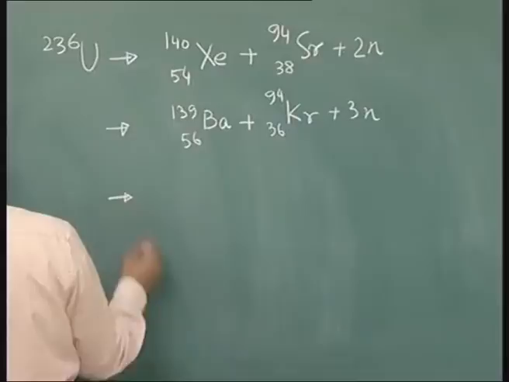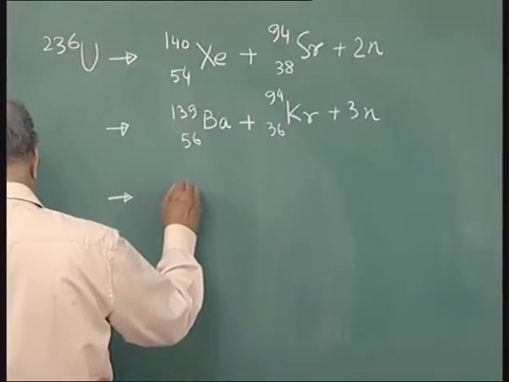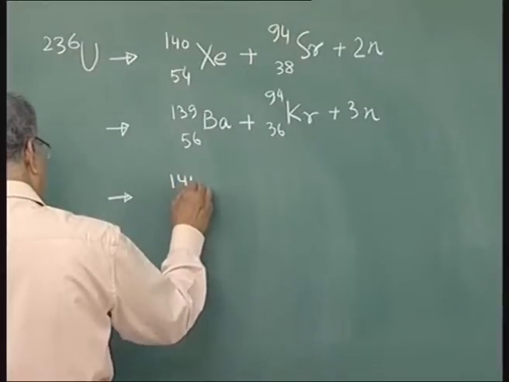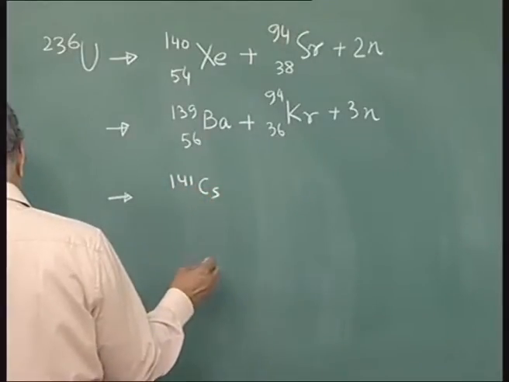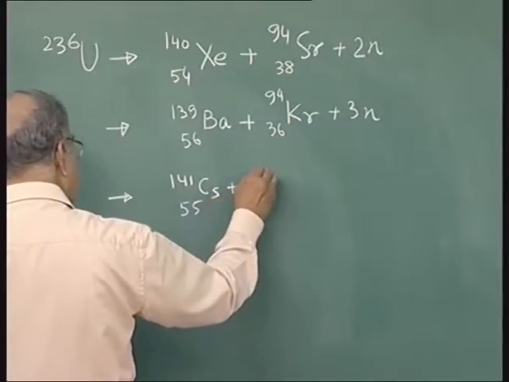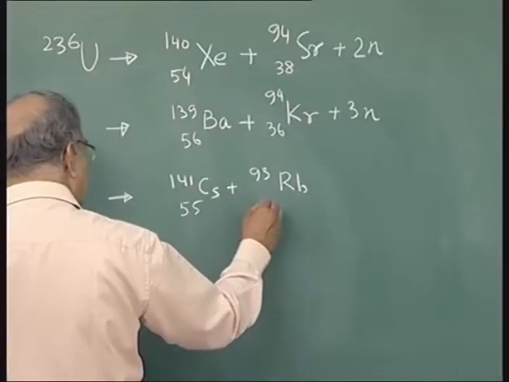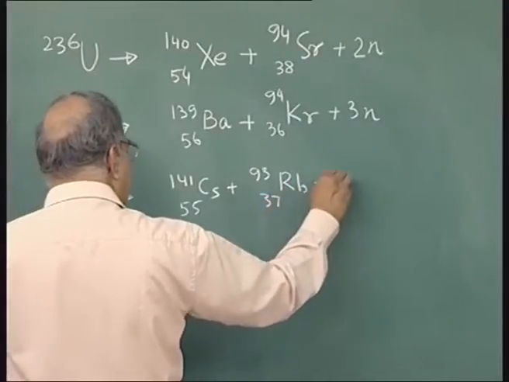Then you can also have a reaction like 141 Cs 55, plus 93 Rb rubidium 37 plus 2N.